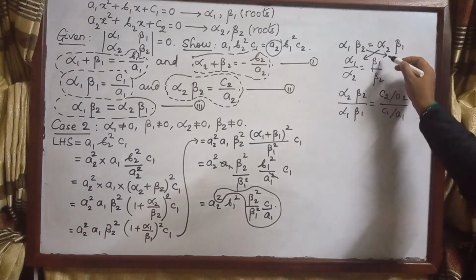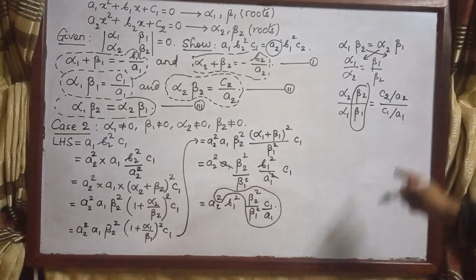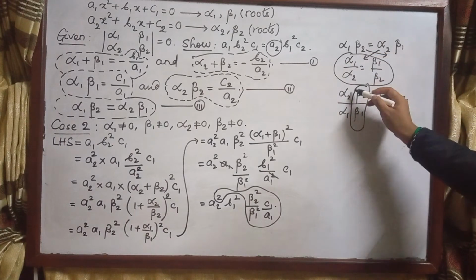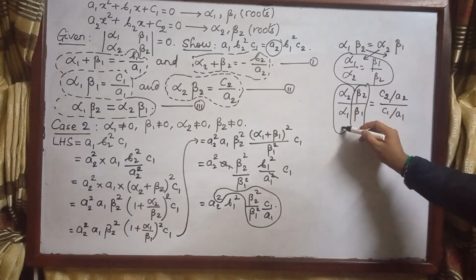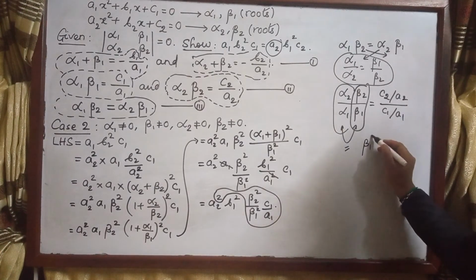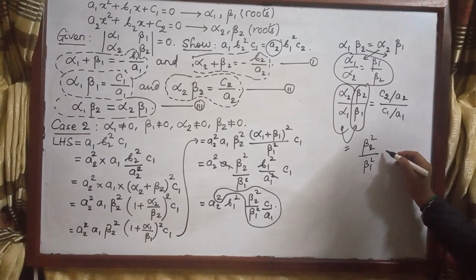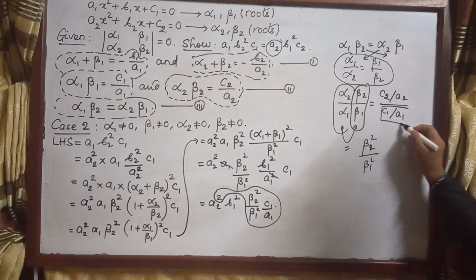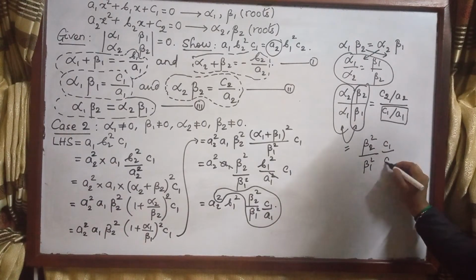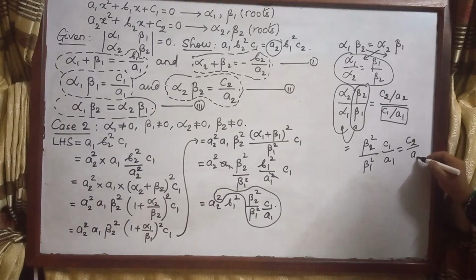Now let's keep it as it is, and from this equation, we can say that these two are equal. So we're going to get beta 2 squared over beta 1 squared, and if we take this part to the left, c1 over a1 is equal to c2 by a2.